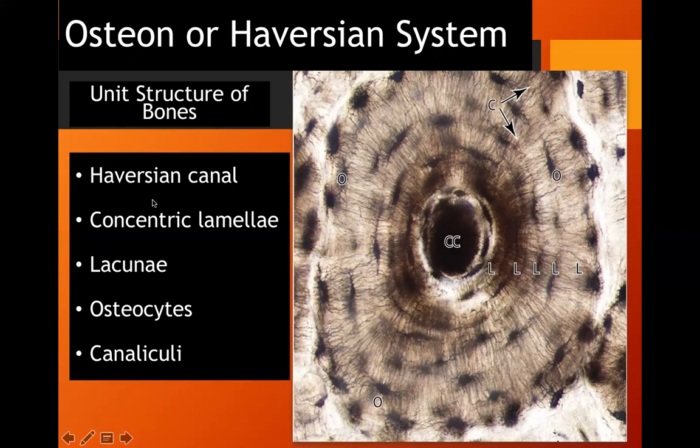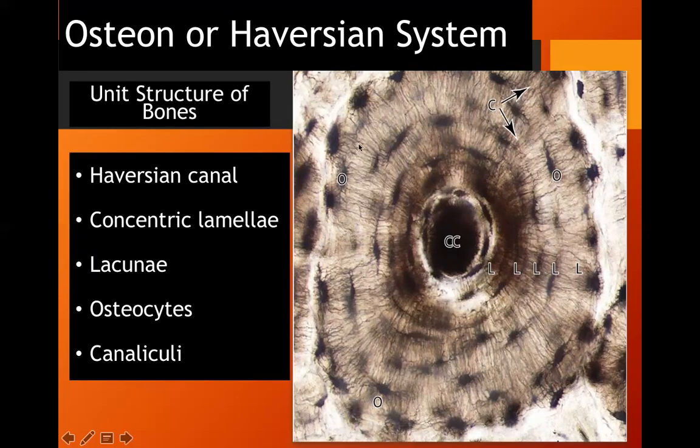Okay, Doc, what is this concentric lamellae? All right, let's put it this way. This one is a lamella, another lamella, another lamella. This L is lamellae, not lacunae. One lamella, another lamella. Can you see?